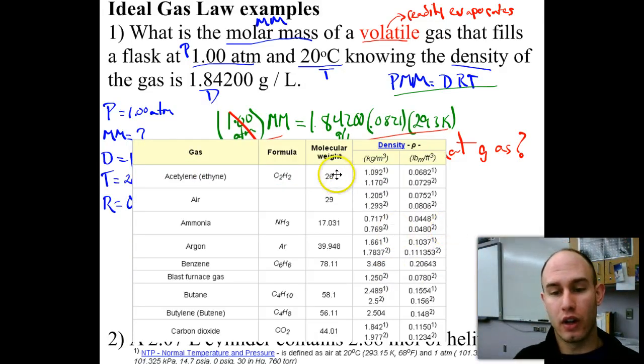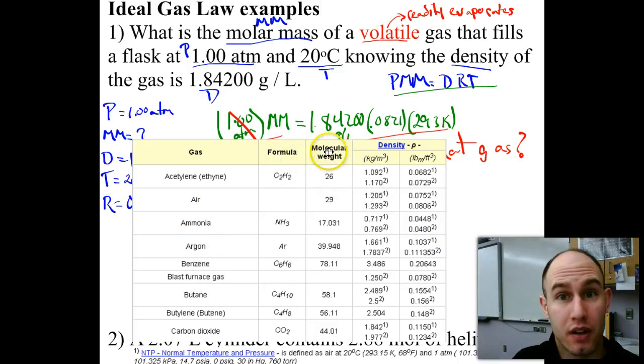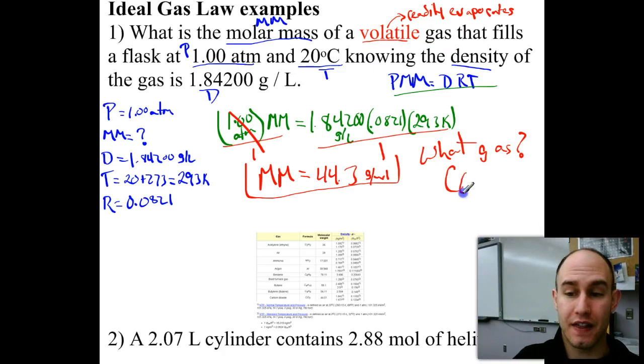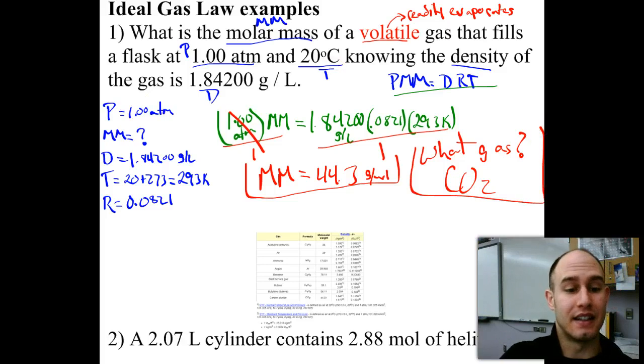You can Google it, but basically you have gases and then you have their molecular weights or their formula weights, their molar masses. And we found our gas to be 44, so I'm looking down the list here, and we actually have carbon dioxide as 44.01. So 44.3 is pretty close, so we would have to make the assumption that I think it would be CO2, and that's a way that you can figure out what gas it is as well.